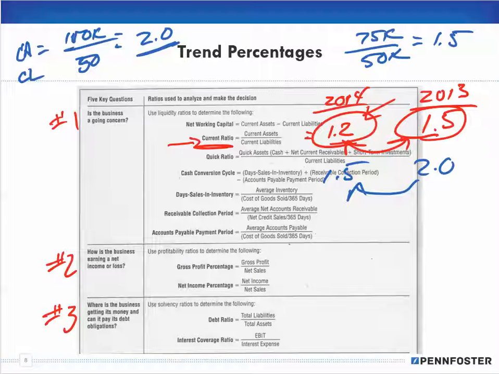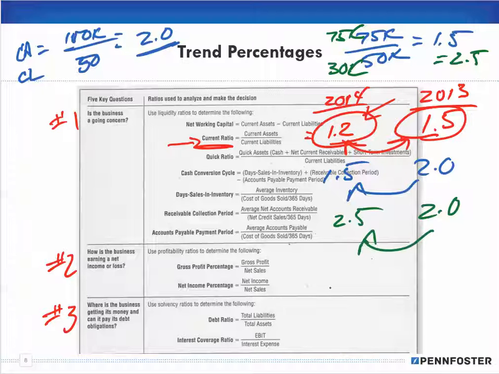What happens if instead the current assets were 75,000 and my current liabilities were 30,000? Well, 75 divided by 30 means I would have had a ratio of 2.5. So I would have had 2.0 from the previous year, but now it's 2.5.